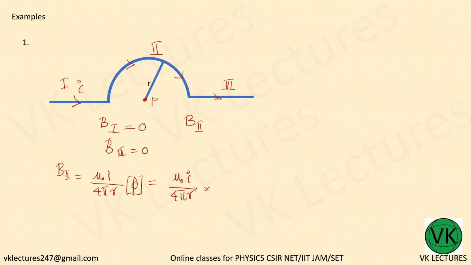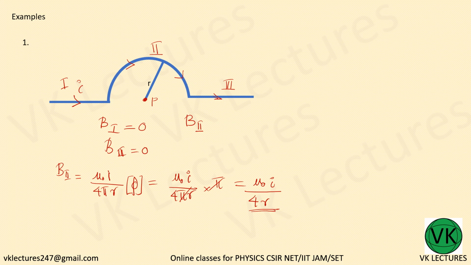The angle which the semicircular portion makes at this point is 180 degrees, so this is pi. Pi and pi get cancelled, which gives mu 0 I divided by 4r.